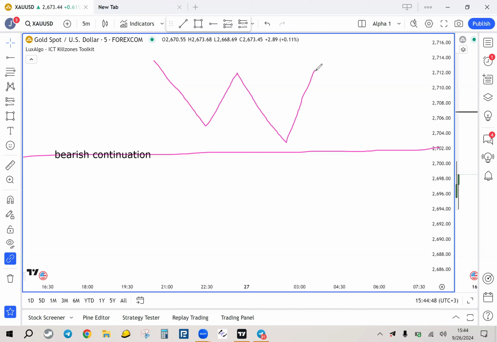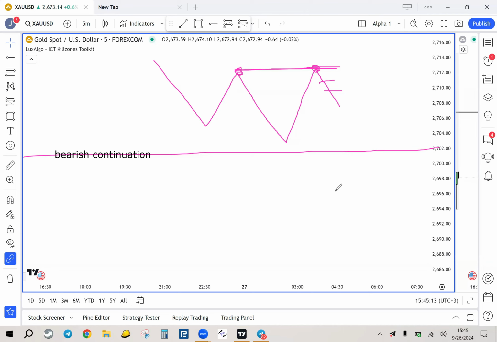And then price in here is going to create some form of fair value gap. In this case, the fair value gap is being created after price reaches a high and finds resistance there.